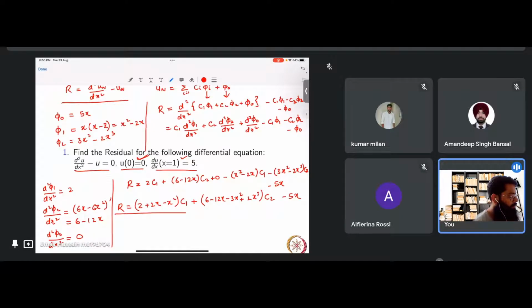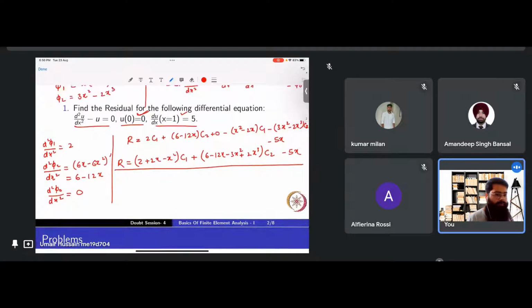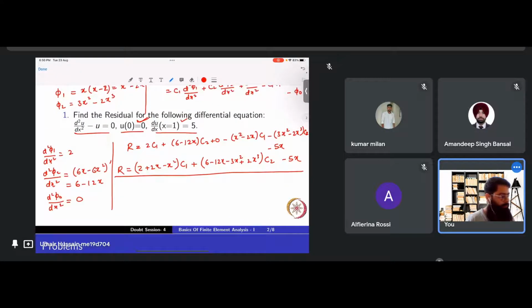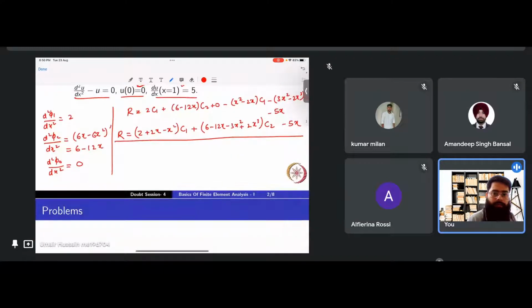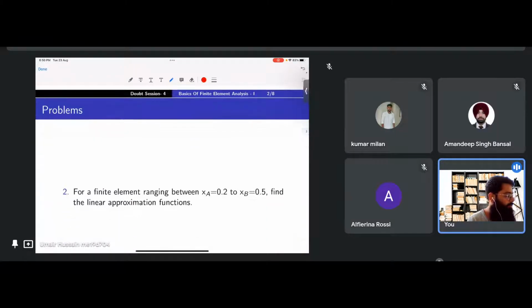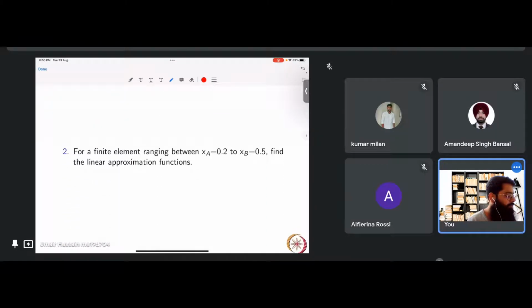So this would be the residual. Okay. Is that fine? Is there any doubt? Or I'll move forward. Let me know if there's any doubt.